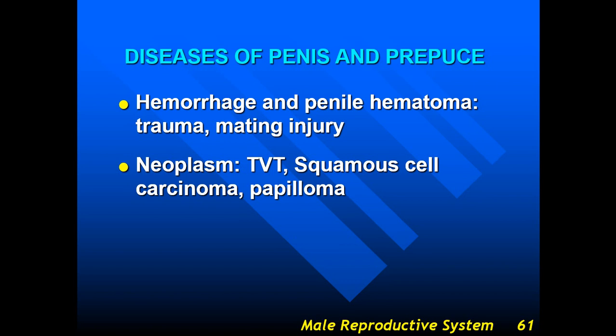Other diseases of the penis and prepuce can be due to trauma. Hemorrhages and hematoma can occur in the penis due to various causes of trauma or due to mating injury.